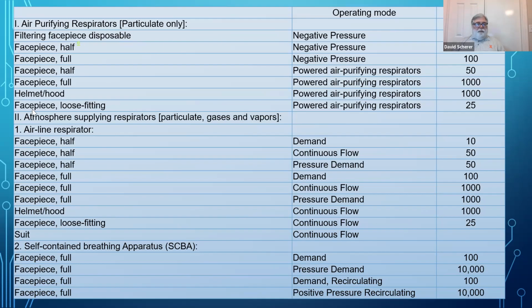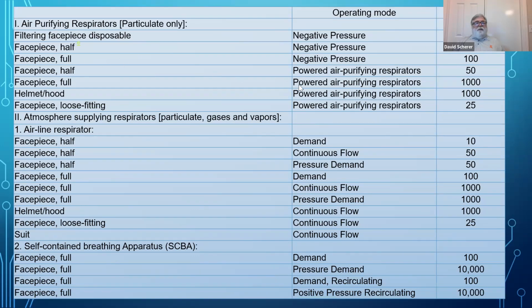And here are the air supplying respirators, either full face or half face respirators. You can see what the protective factors are. That is the ratio of how much concentration you would have without a respirator compared to with your respirator. So a half piece negative pressure respirator would reduce the concentration of material by 10 to 1.